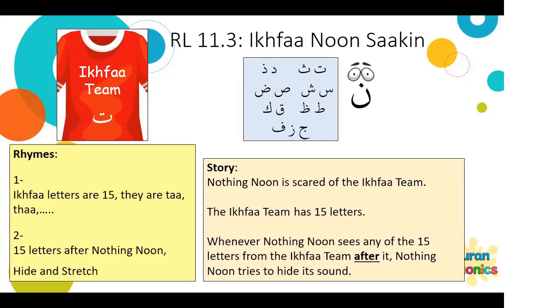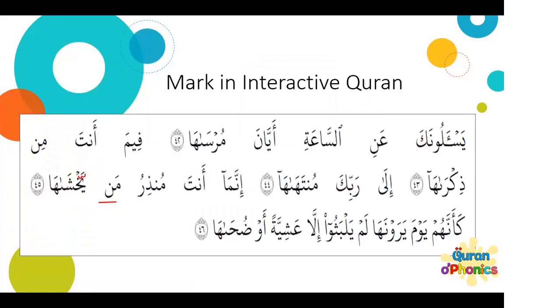But they need to remember that whenever they see nothing noon, they need to become alert. So even here, if they see a nothing noon, they get alerted. They're supposed to underline nothing noon whenever they find one.